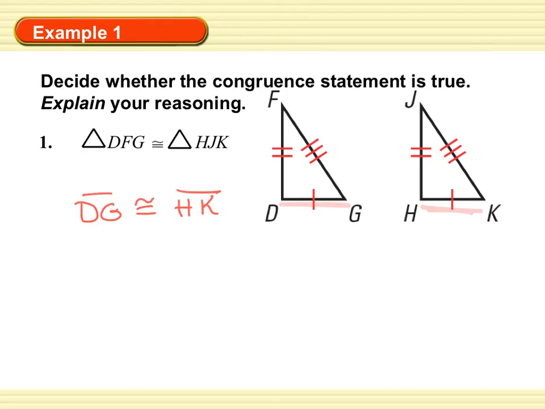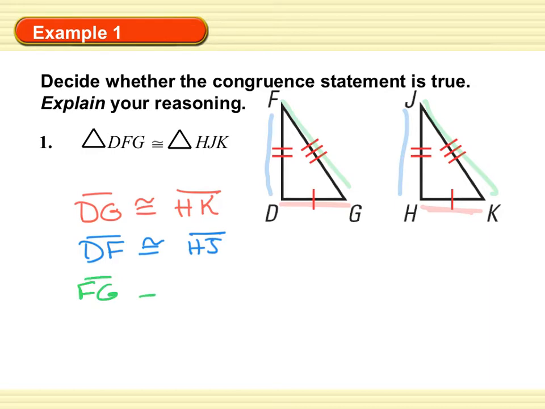Then I'm going to come over here and get the one that has two congruency marks. And I can state that DF is congruent to HJ. And then lastly, I could also say the one with three congruency marks is congruent to the other one with three marks. So I could say that FG is congruent to JK.